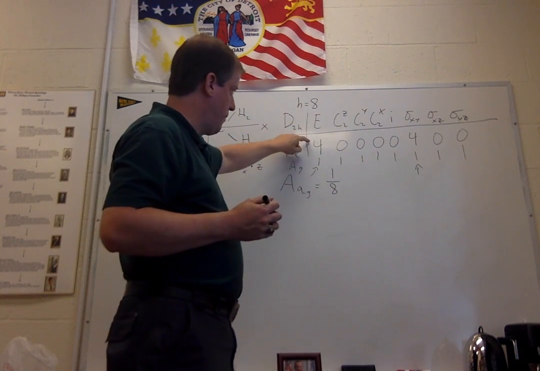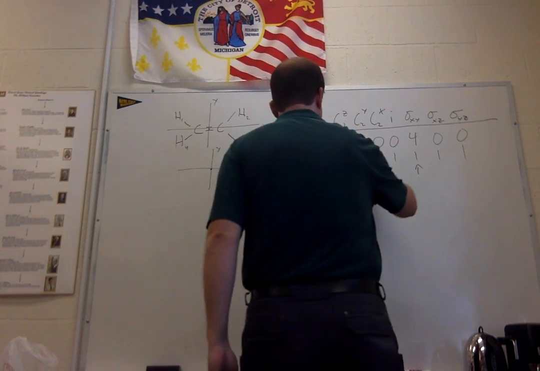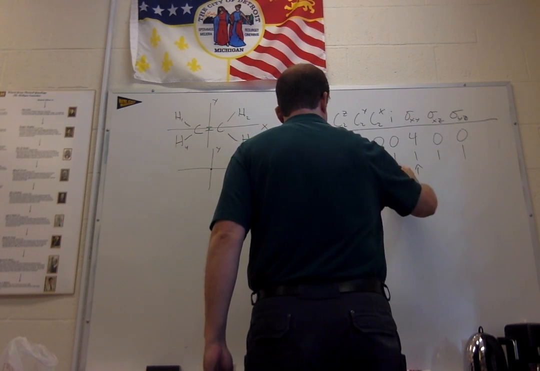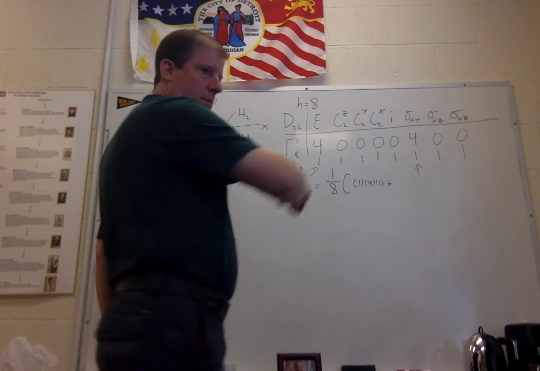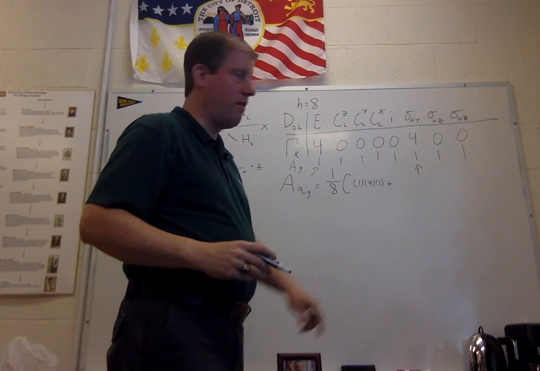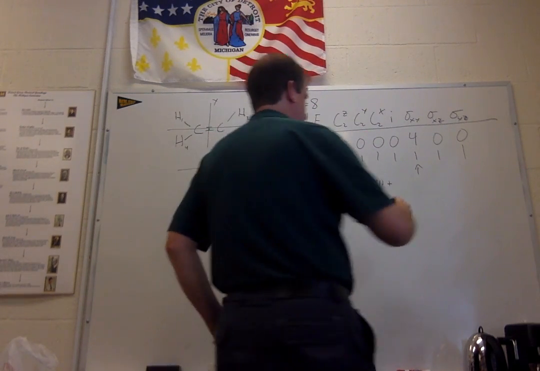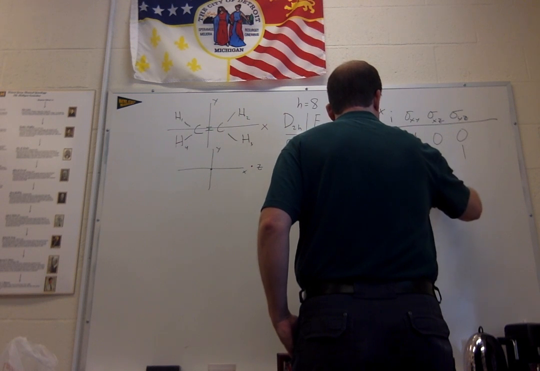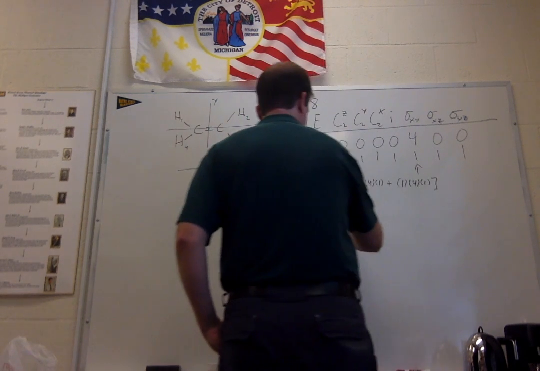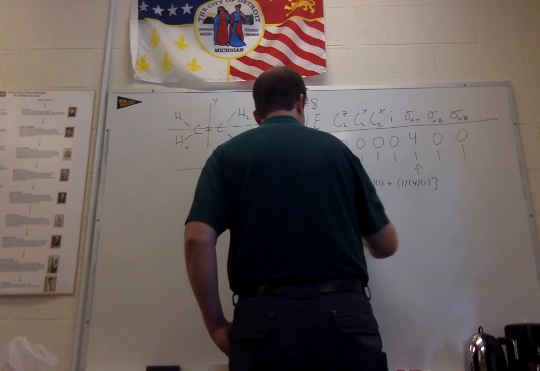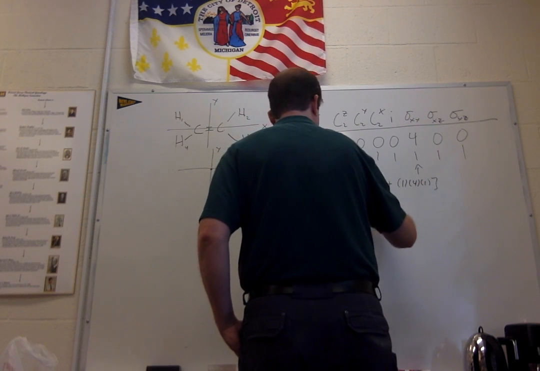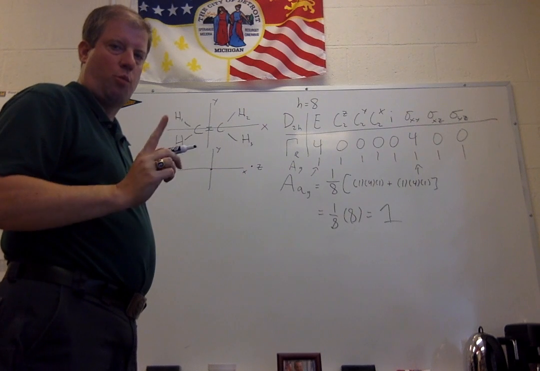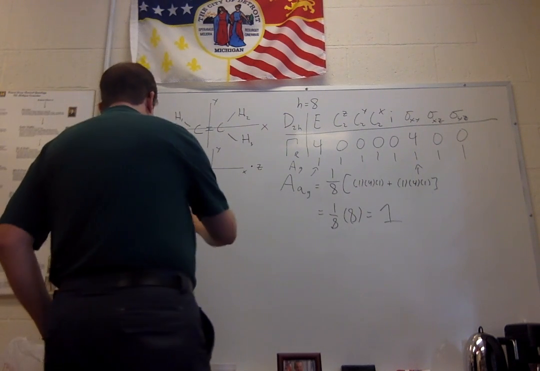So we have 1 times 4 times 1. Everything else is going to be 0 until we get here. And again, we have 1 times 4 times 1. Therefore, Ag contributes 1 time to the gamma reducible.